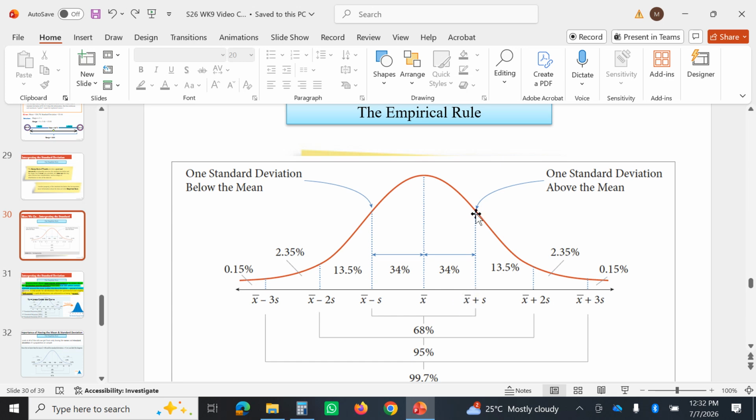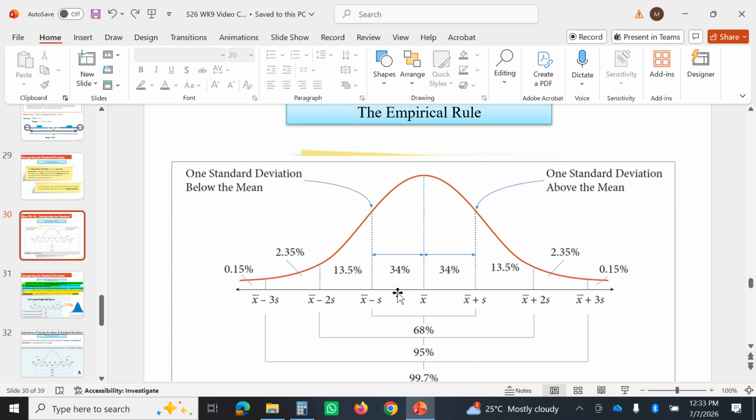In between, like you'll see here, mean plus S, mean plus 2S, mean plus 3S, because this is the distance between the mean and the first standard deviation. And this is in between the mean and the first standard deviation in the negative direction. Because if this number is 50, these numbers here are going to be greater than 50, and these numbers here are going to be less than 50.